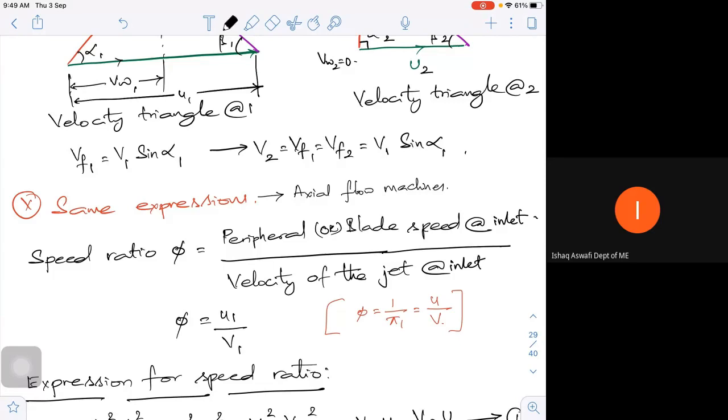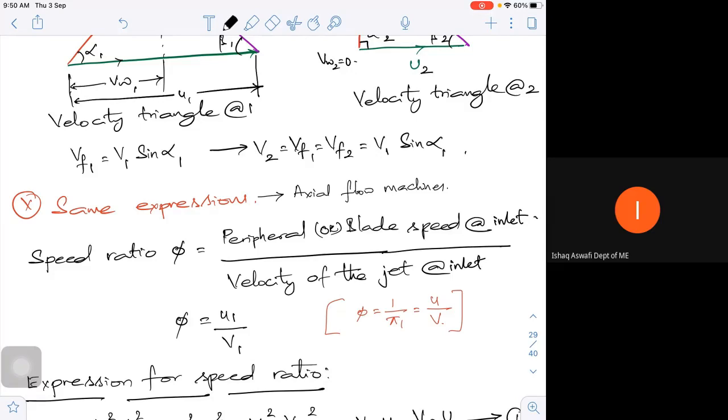If this ratio is 0.7, if this ratio is 0.6, it shows some kind of relationship between U and V. If you look at your first chapter or module 1, we had a thing, what is it actually? Phi 1, it is U by V1.